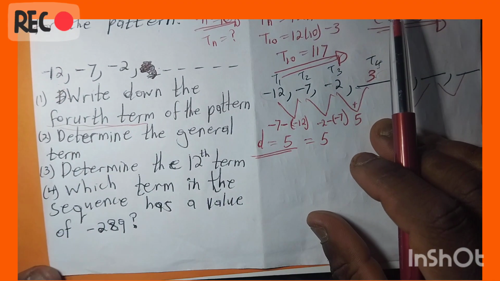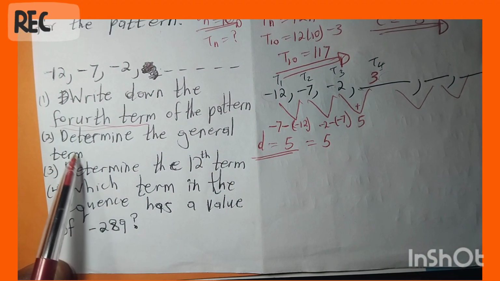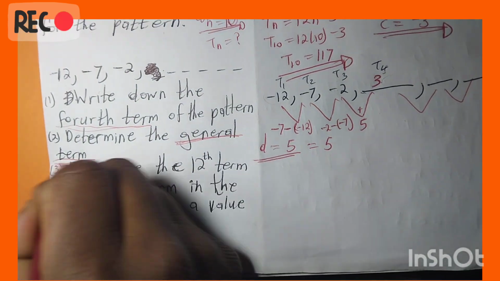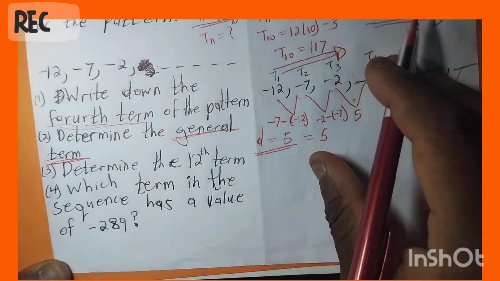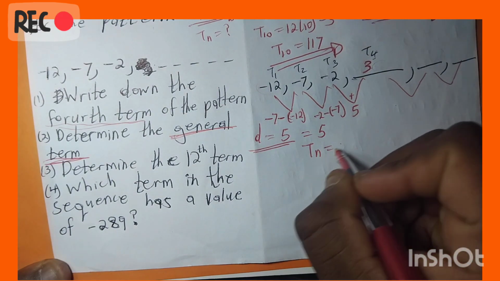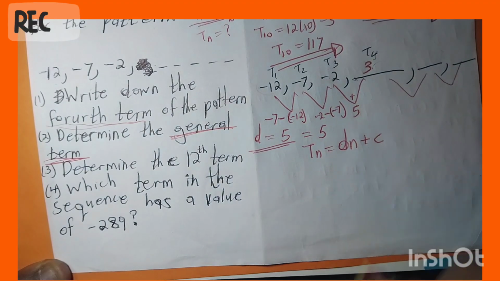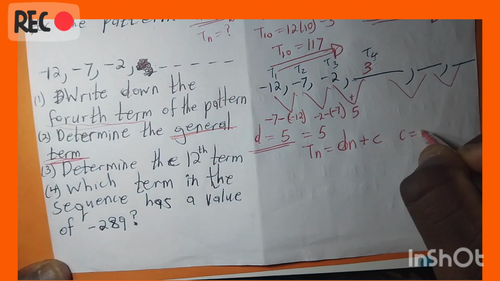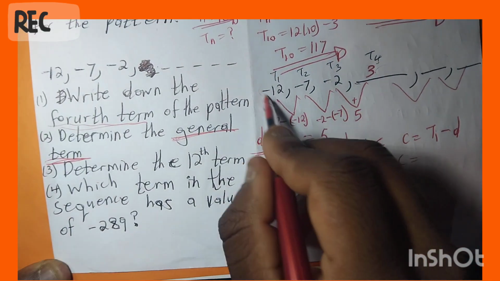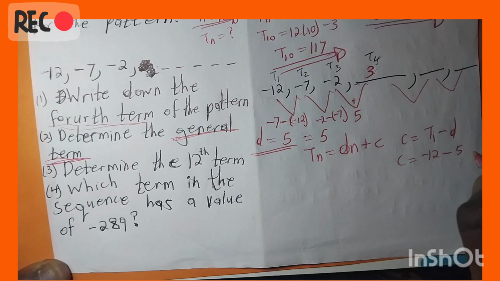So now the next question will simply say now determine the general term there. For you to determine a general term, you should know its equation. This is the equation that you should know, which is dn plus c. For you to know c, just say first term minus the difference, which is your first term, negative 12, minus the difference, 5.